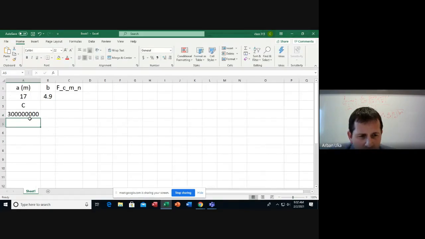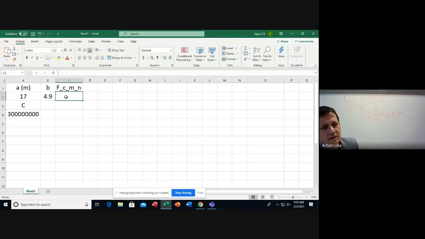This is the speed of electromagnetic waves, of light, of course. The cutoff frequency is equal to c over 2 times the square root of (m over a) all squared plus (n over b) all squared. So here we have m and n.